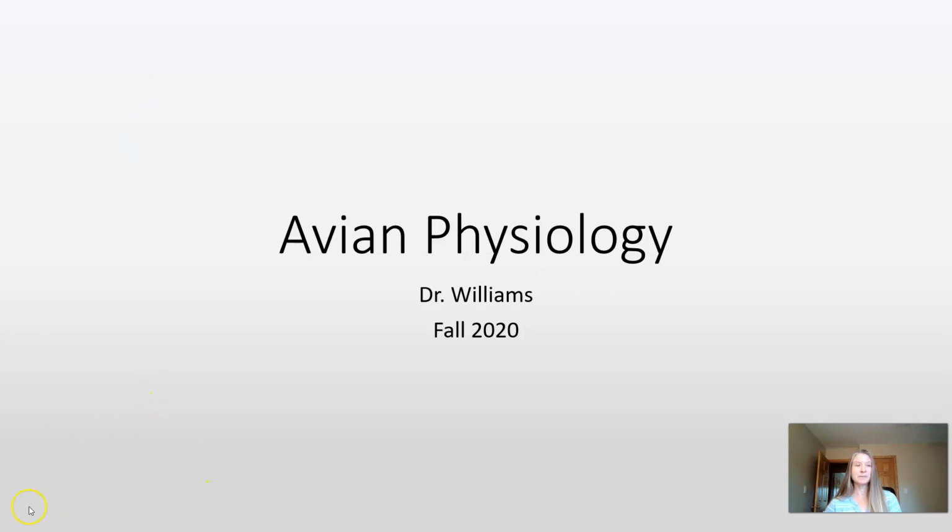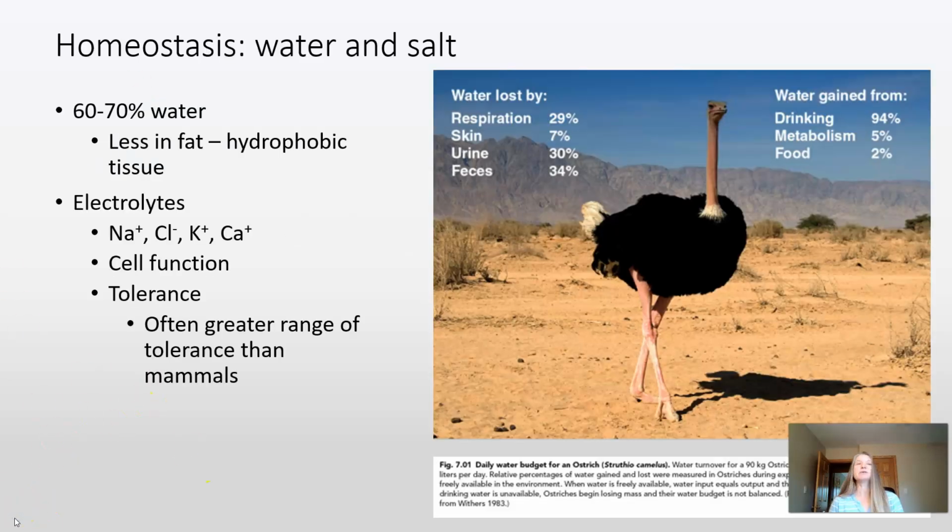Here we go. All right, we're going to start out talking about homeostasis, which is more than just water and salt balance. Homeostasis in general is the ability to maintain relatively constant physiological conditions within the body. This is because, as you hopefully have learned in your other bio courses so far, cells have a very narrow range of conditions that they can exist in: temperature, and the electrolytes like sodium, potassium, chloride, calcium.